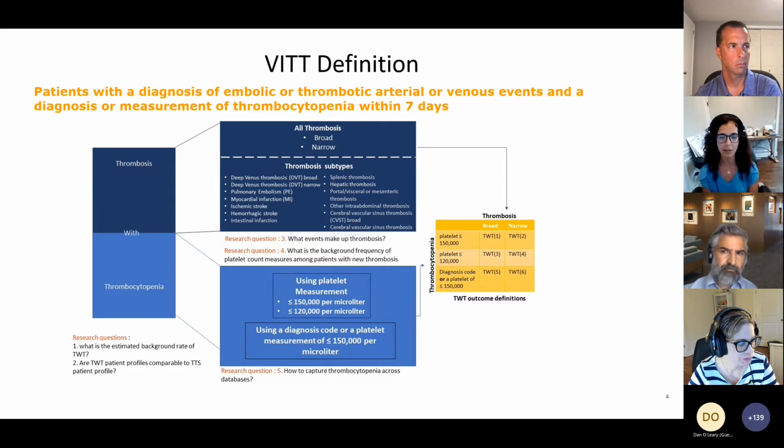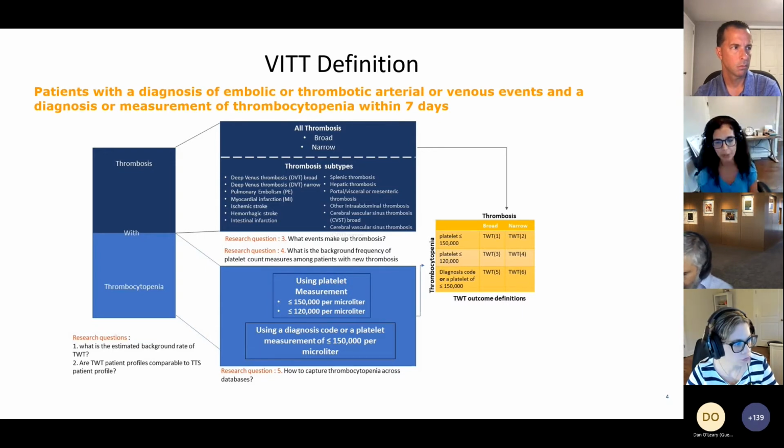And that can cause some surveillance bias in the future when people are looking at the occurrence of TTS. So we wanted to publish that background frequency of how often people, when they have thrombosis, get a platelet measurement, and put it out there. Maybe we could control for it in the future.